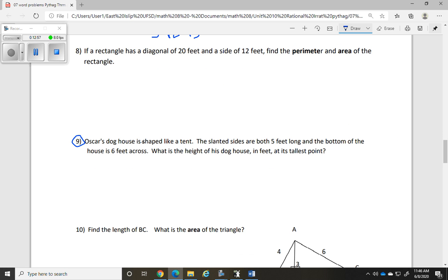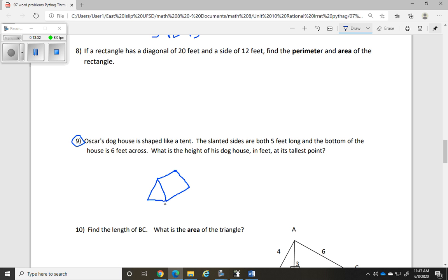Number 9, Oscar's doghouse is shaped like a tent. The slanted sides are both 5 feet long and the bottom of the house is 6 feet across. What is the height of his doghouse in feet at its tallest point? So shaped like a tent, I assume they're talking about a shape like this.